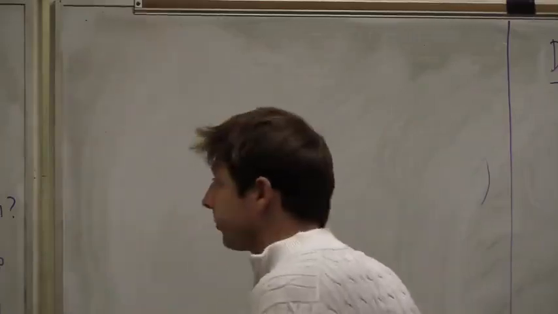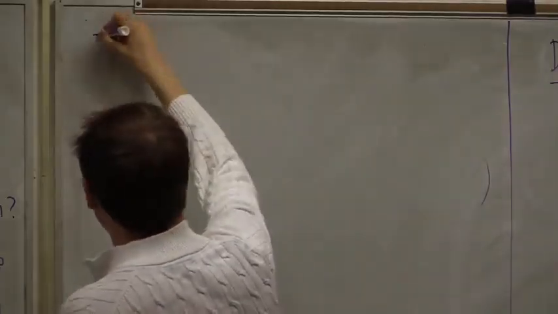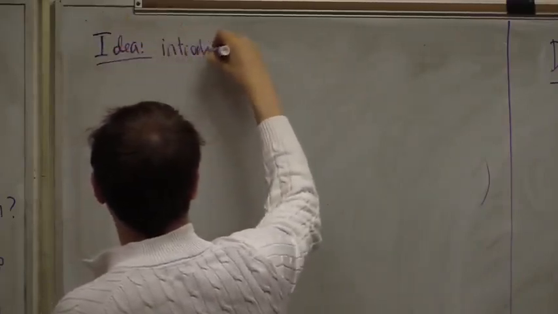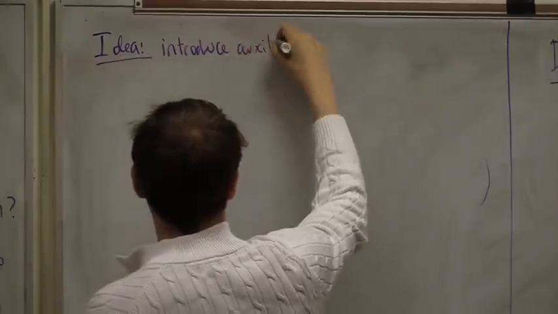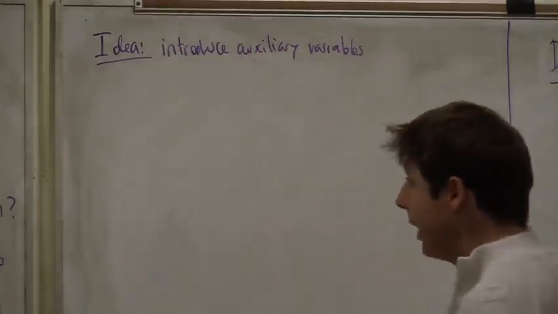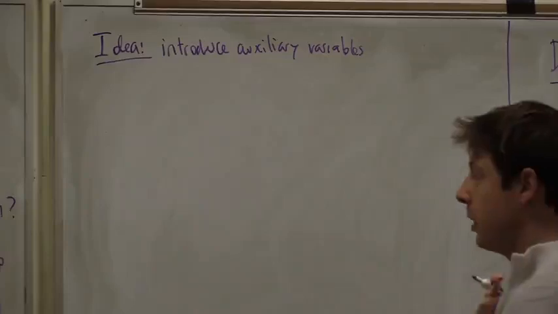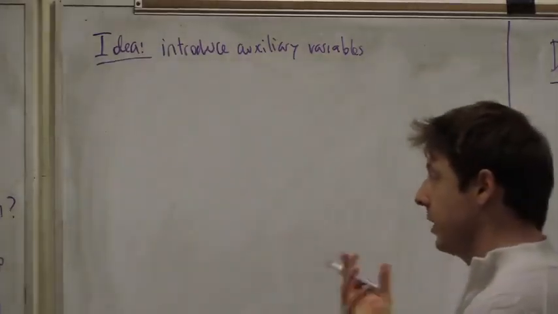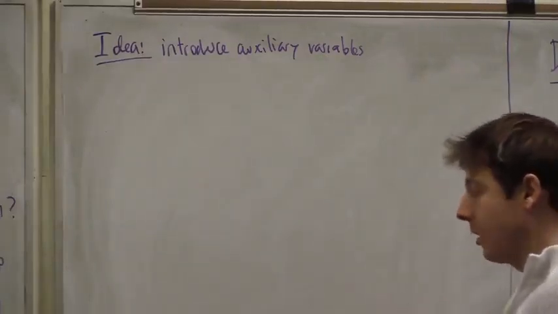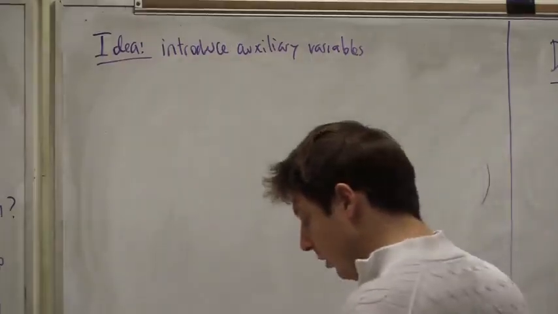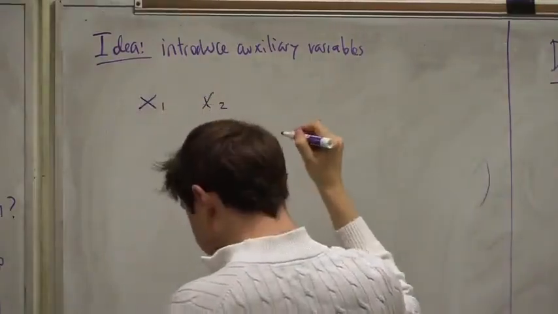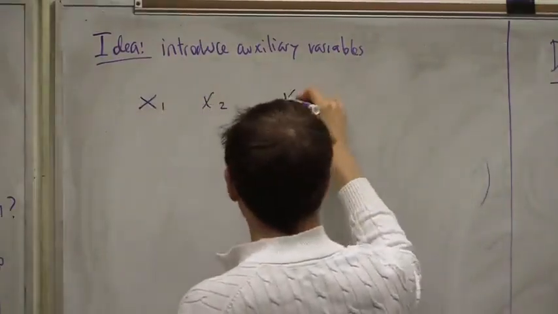So the idea is we're going to introduce auxiliary variables so that the formula is going to have polynomially many more variables than the circuit does. The circuit has some number of inputs, but we want to explicitly talk about its wires. So I'm going to use an example, okay? Let's say our circuit looks like this.